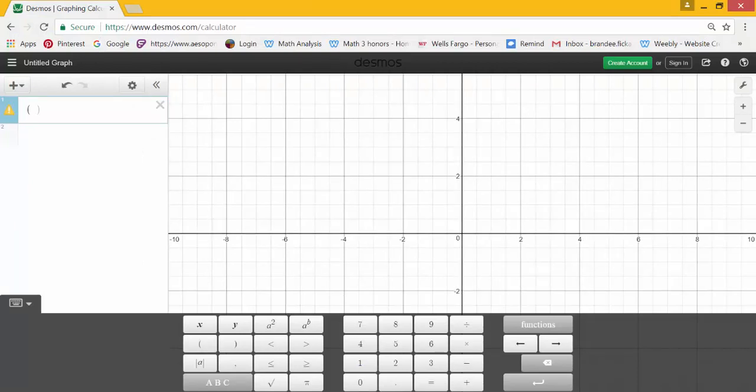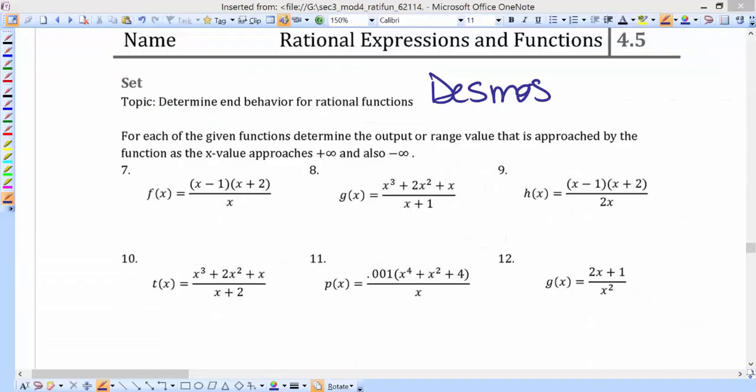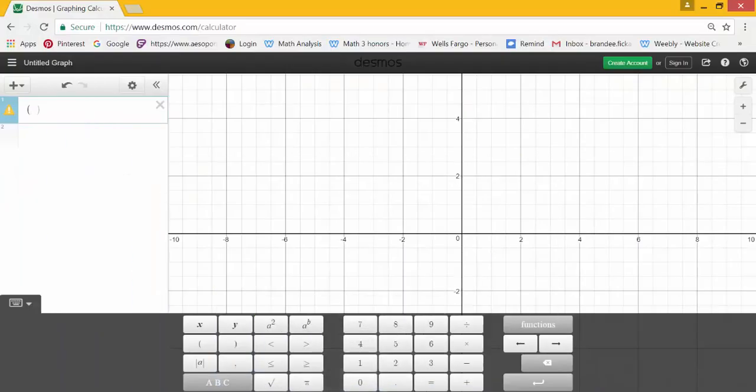Please make sure you do use parentheses. Actually, let me not do that one. Let me go ahead and do 8: x cubed plus 2x squared plus x. When you're typing that in, you need to put the entire numerator in parentheses.